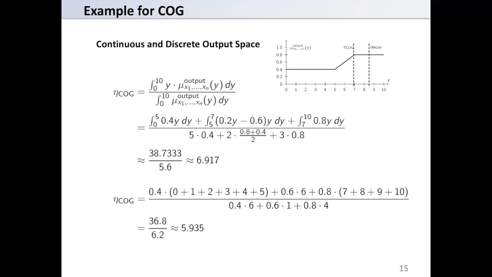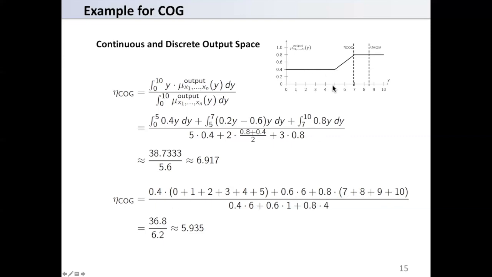And if we are going to find the center of gravity if only discrete values are considered at the points 0, 1 up to 10, if it was a discrete output space instead of this continuous space, then for y values, we are taking the summation 0, 1, 2, 3, 4 up to 5, multiplying with 0.4, and for the second part we have 0.6 multiplied by 6, and for this part at 7, 8, 9, and 10, the value is 0.8, we are multiplying with y, and then summing them up.